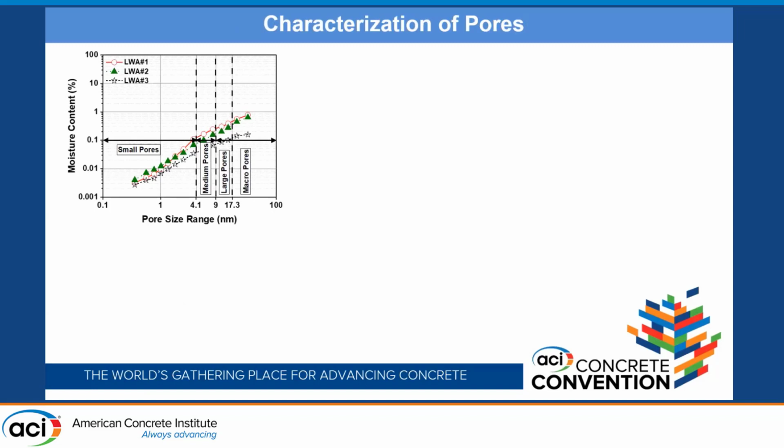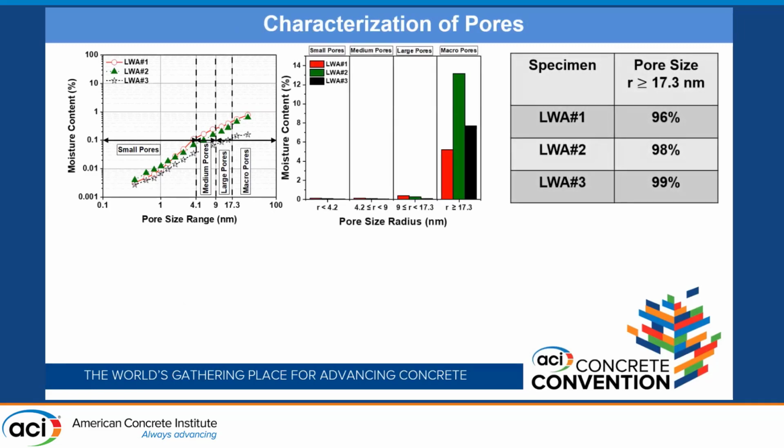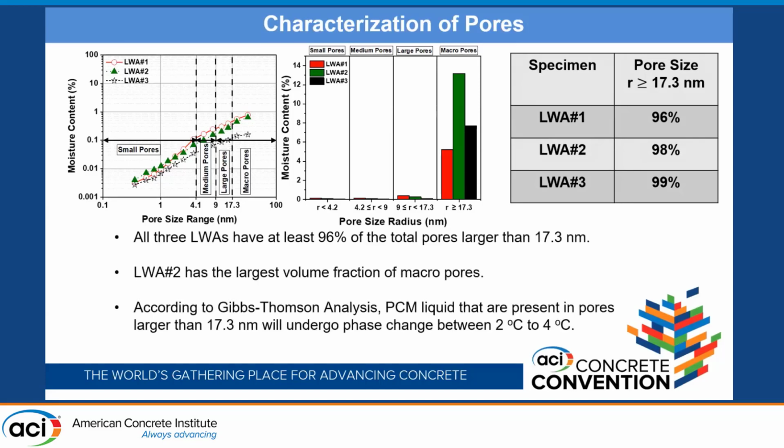Okay. So we have characterized the pore sizes. We have the temperature. Now let's look at the pore sizes of the lightweight aggregates that we had. So as you can see, for all of the lightweight aggregates, most of the pores are actually larger than 17.3 nanometers, basically at least 96% of them.